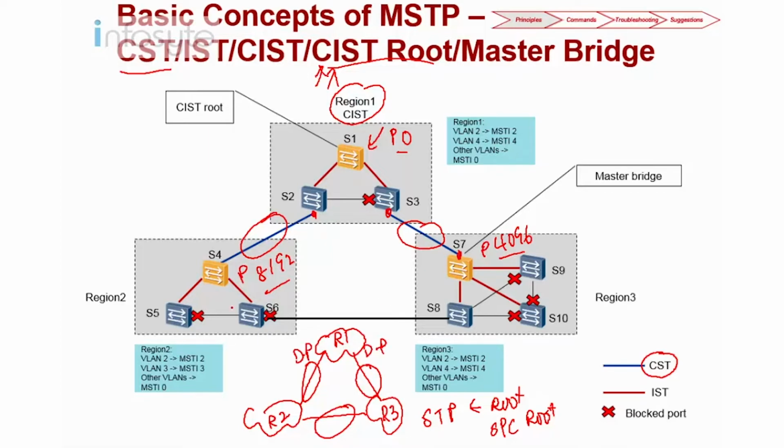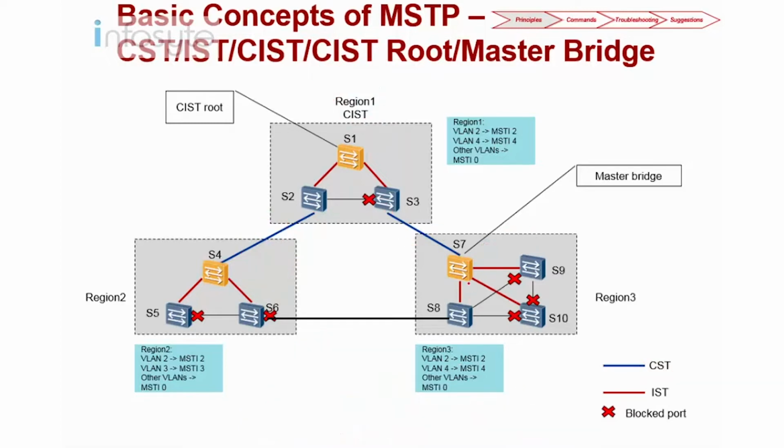And this port here and this port here will become the root port. That is for our common spanning tree. Think of the common spanning tree just like your ordinary spanning tree, except that now you mask out all the detail inside your region. So here we have a common spanning tree, and a common and internal spanning tree, and the CIST root I just mentioned.